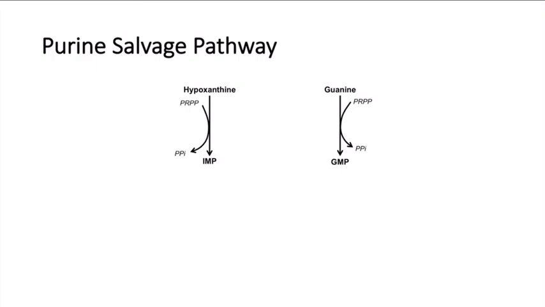Now, a common enzyme does both of these reactions, and that enzyme is hypoxanthine guanine phosphoribosyl transferase, or HGPRT. That's the enzyme I want you guys to remember, because it is an important enzyme in certain genetic disorders as well, and I'll mention that in another video.